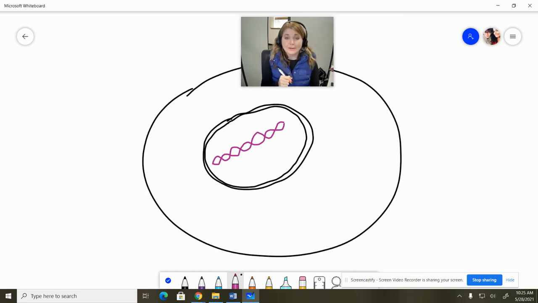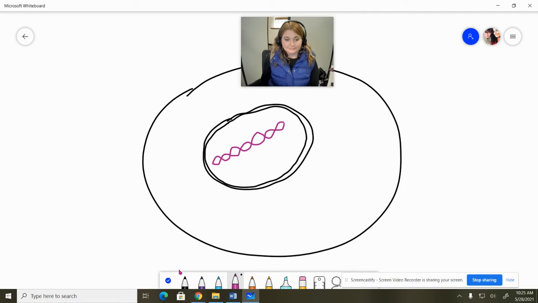It says if you were to unwind all of the DNA in one cell of your body, it would be about 6 feet long, about the height of a grown adult man, in just one cell of your body. Remember, you've got billions of cells in your body because you're a big person, and cells are very, very small.